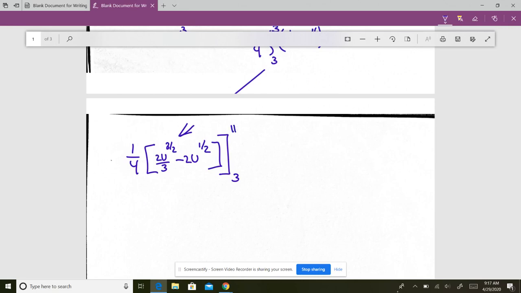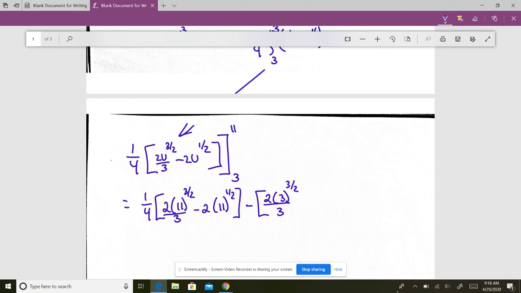All right, so 1/4 times, 2 times 11 to the power of 3 halves over 3, minus 2 times 11 to the power of 1 half, minus, I'm going to plug 3 in, 2 times 3 to the 3 halves over 3, minus 2 times 3 to the 1 half, and this 1/4 is times all that in brackets.